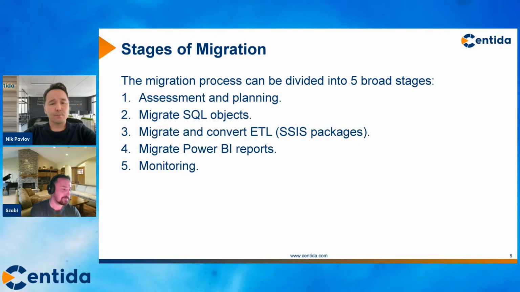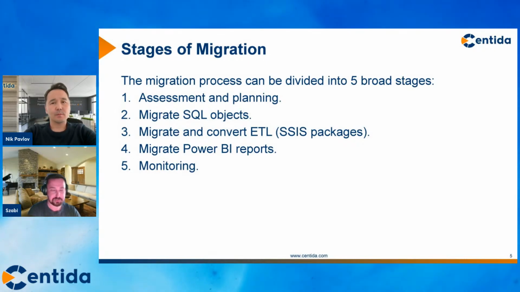The way I do migration projects is that I always start with a proper assessment. By the way, I'm going to show you some technical stuff as well, so those coming from the SQL and Power BI world may find it interesting. If you're not from that area, then don't worry. Assessment is always the first step.